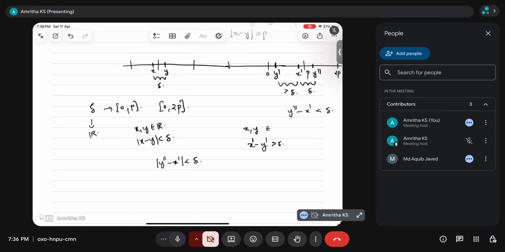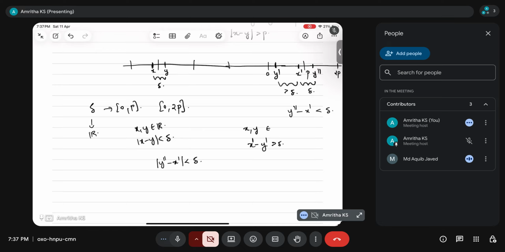Just try to show it from the figure. Here there are p and delta, two things we have to handle.